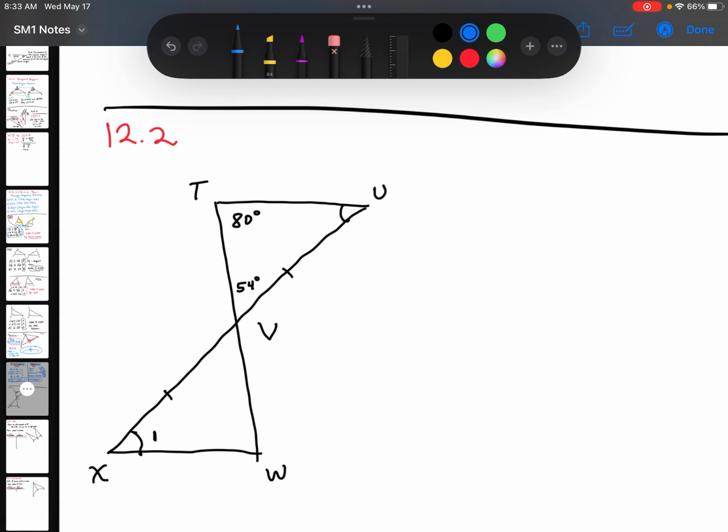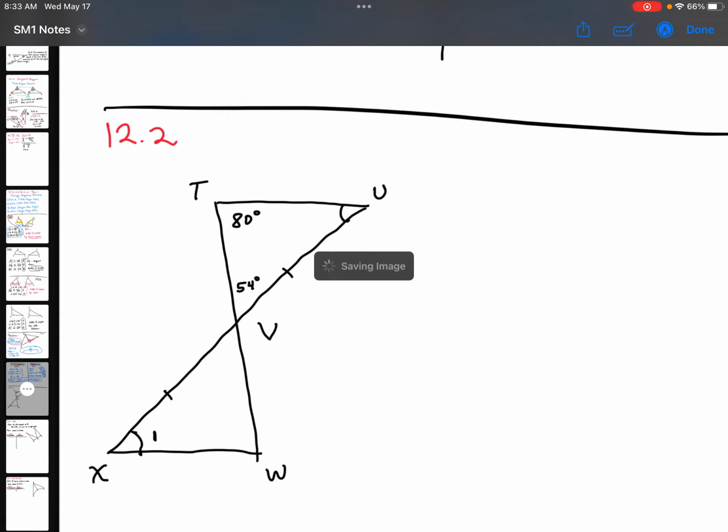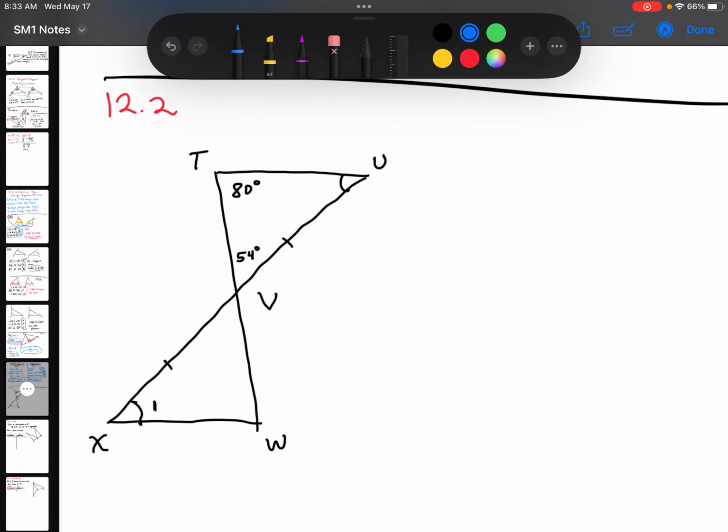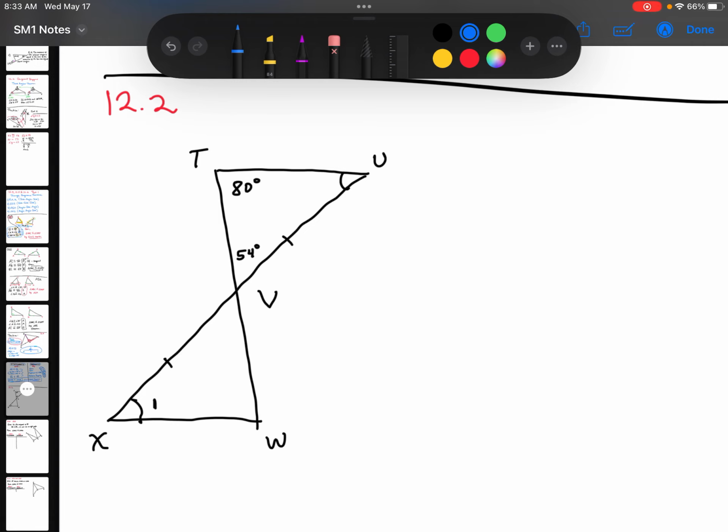If you look at this pair of triangles, you might see that, because of what we learned in chapter 11, let's take a look at triangle TUV.